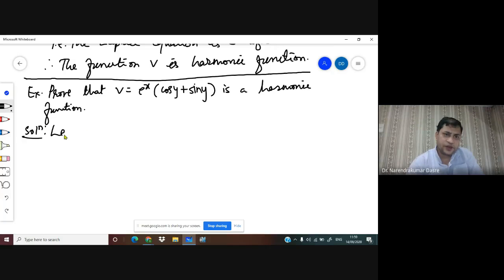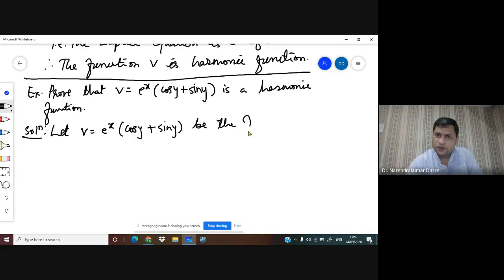Let v is equal to e raised to x cos y plus sin y be the function of x and y.